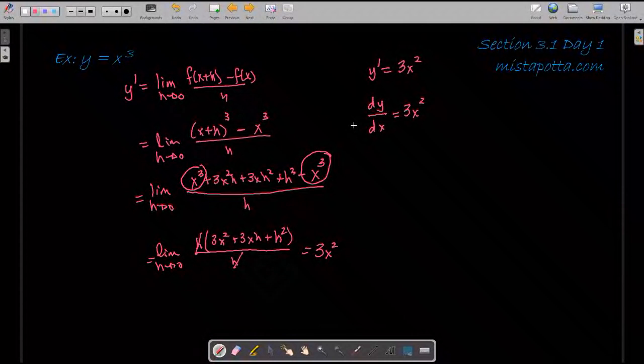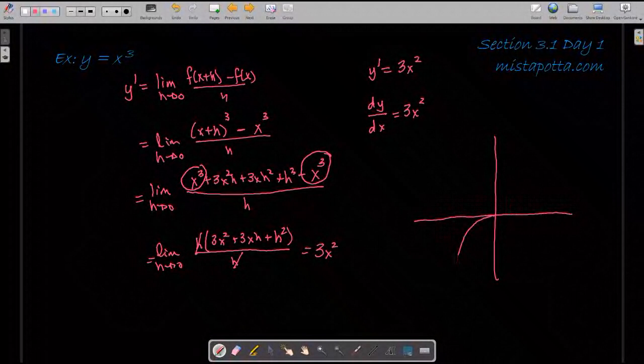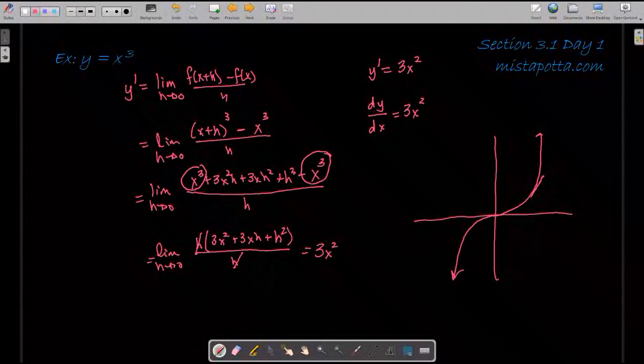And what this means is if I take a look at my cubic function, which does tend to look something like this, I can figure out what the slope of my tangent line is at a particular point, say at the point x equals 2, by substituting 2 into my derivative function.